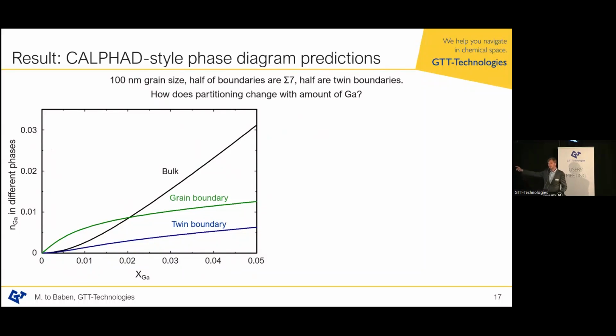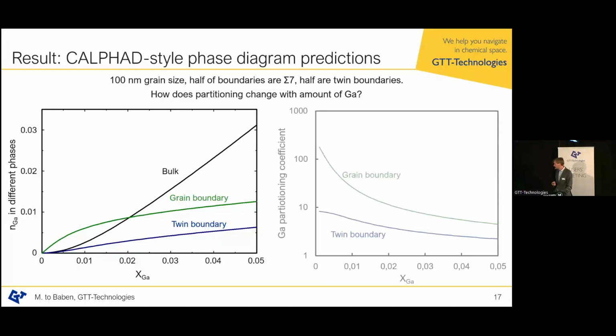And here you can see the partitioning competition between bulk and microstructural defects. Okay, and you can, of course, also just change the calculation type here to get a partitioning coefficient.